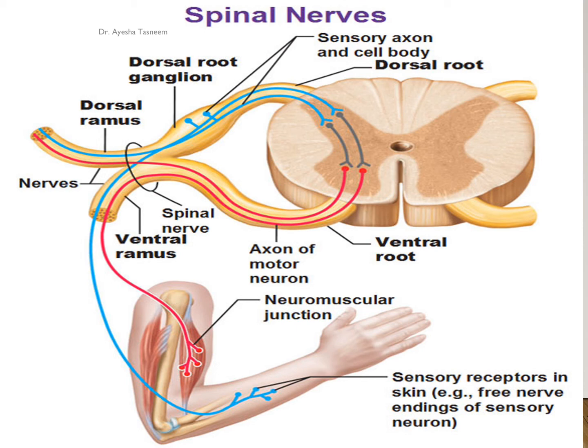And from the ventral side the motor root arises. Both roots unite to form a spinal nerve. In the spinal nerve, some of the fibers decussate, and they further divide into dorsal and ventral rami.